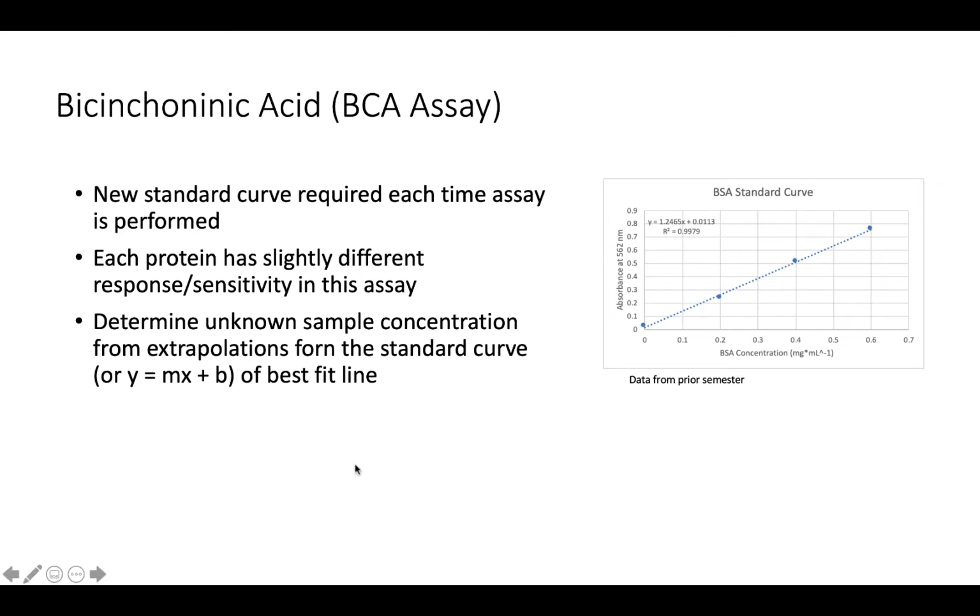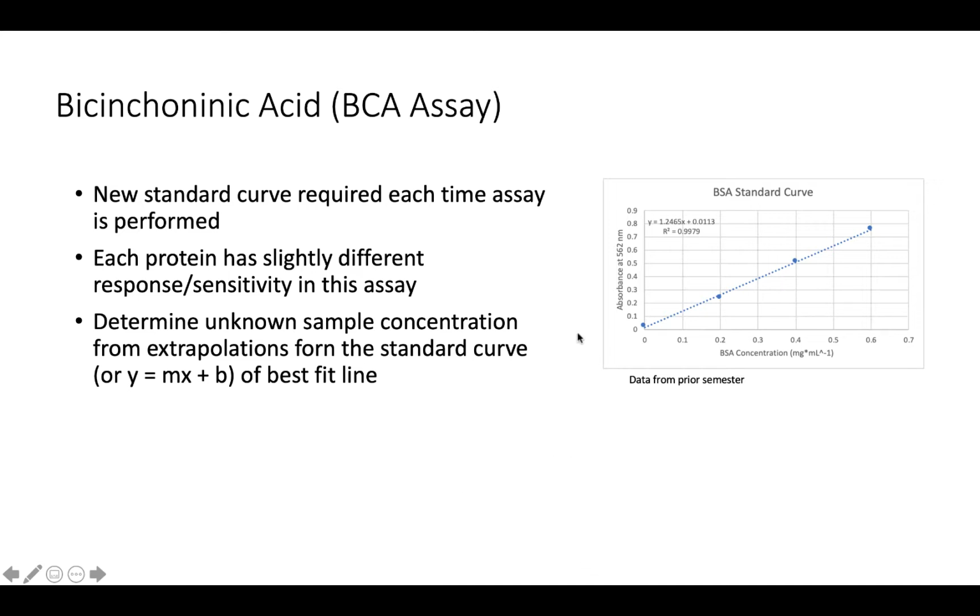After you've created your standard curve, and you will be creating a BSA standard curve for this lab period along with when we run Project 1, you can use it to measure all your unknown sample concentrations. So again, pretty basic.